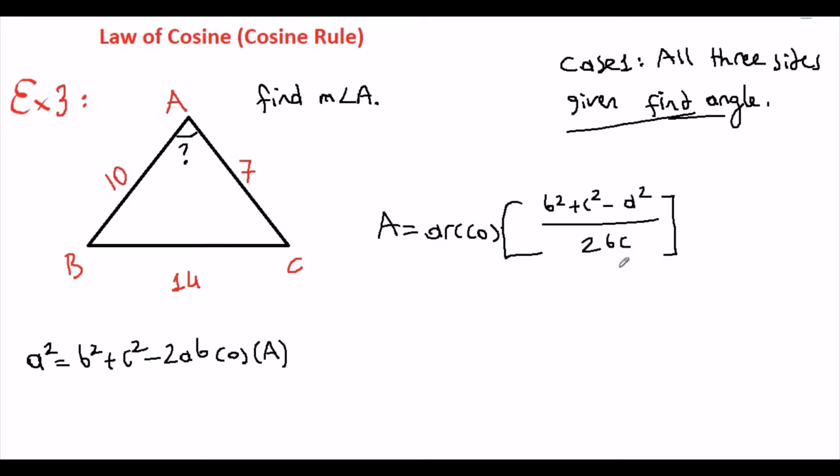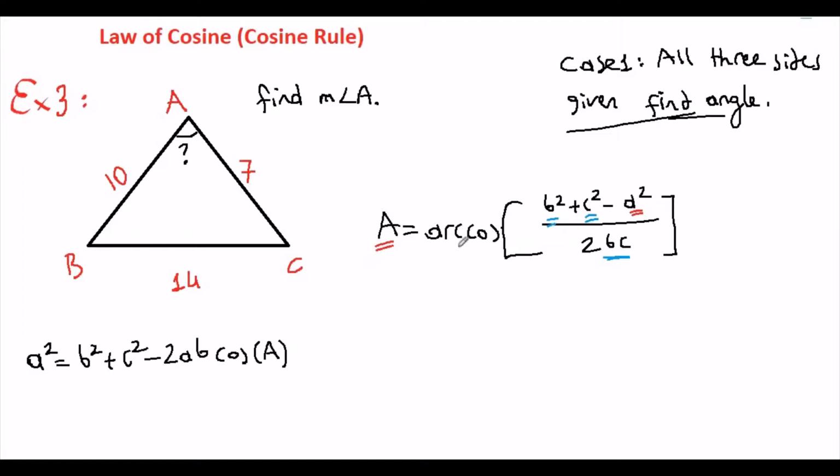You can directly use the formula you derived, or you can go step by step from here. Be careful that the angle has to match with this side, and these two sides have to match with the denominator here.